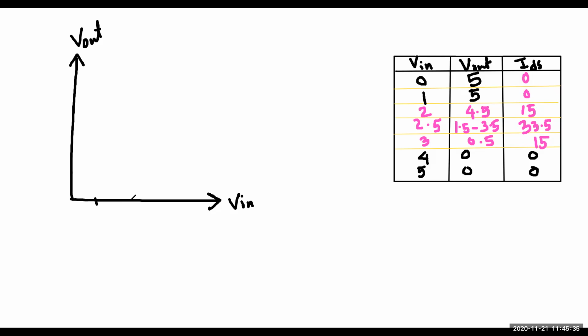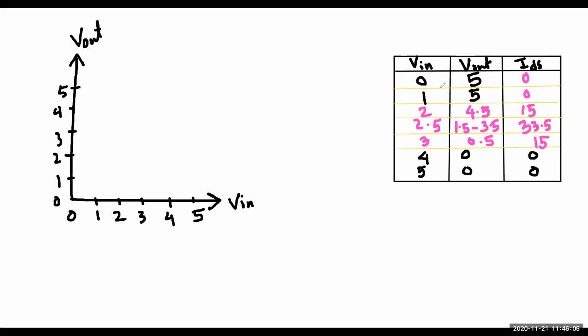This is 0, 1, 2, 3, 4, 5 on each axis. Understood?